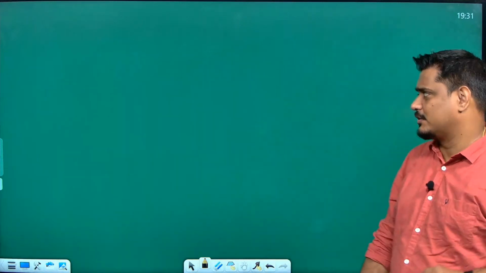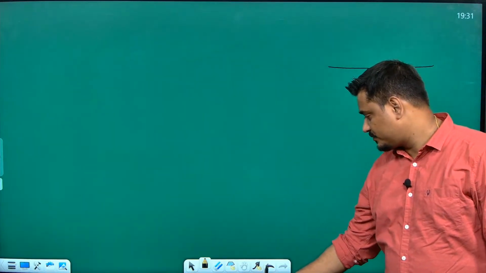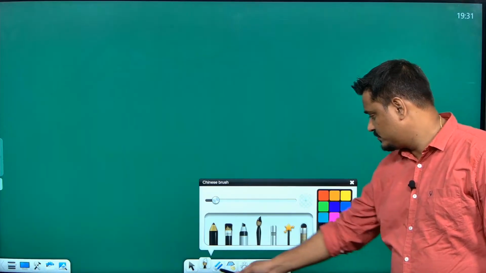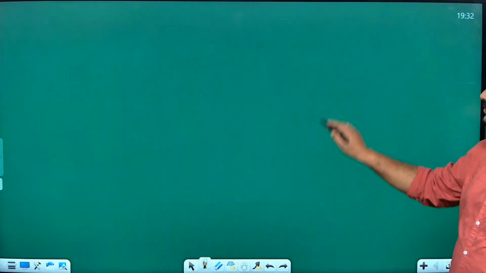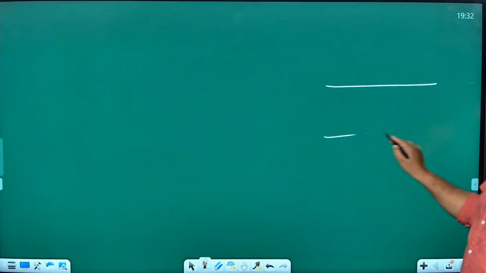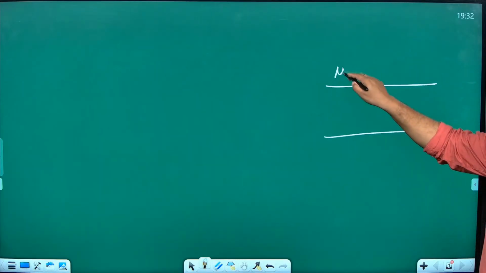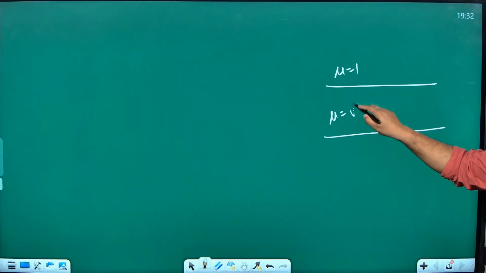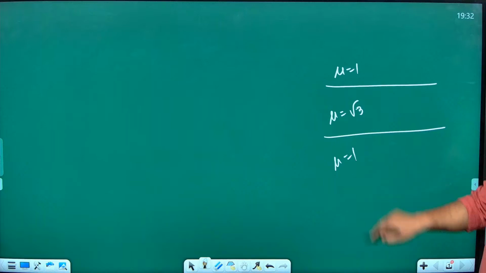Okay, let us take another question where we have multiple mediums. Imagine you have 3 mediums here. This has a refractive index of 1, it means it is air. This has a refractive index of, assume root 3, some medium, and a refractive index of 1 once again.